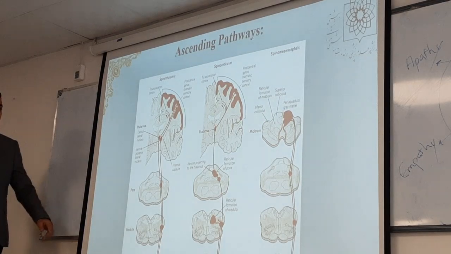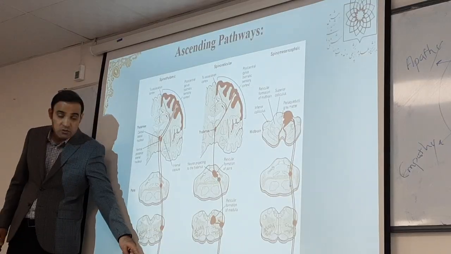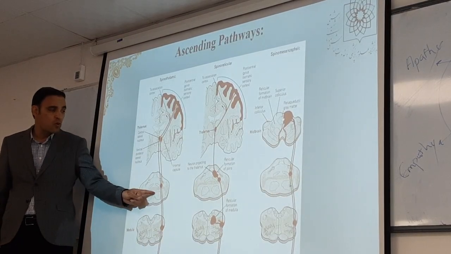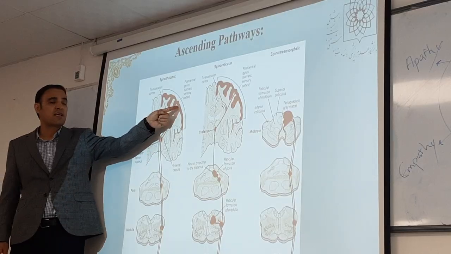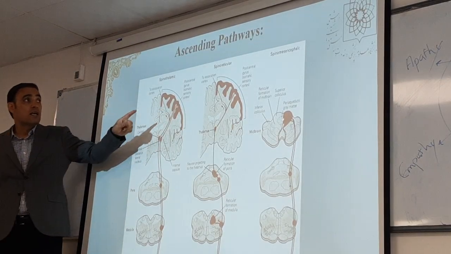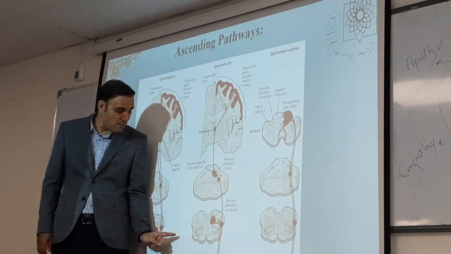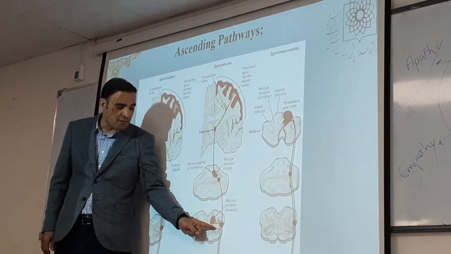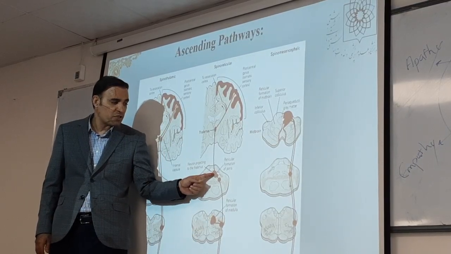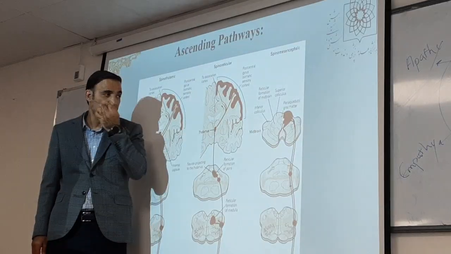This is showing the spinothalamic pathway from the spinal cord in the anterolateral pathway to the medulla, pons, and then thalamus, and then to the cortex. And the spinoreticular pathway, again in the spinal cord, in the medulla, this affects the reticular formation. It will activate the reticular formation of the pons, then thalamus, then cortex.